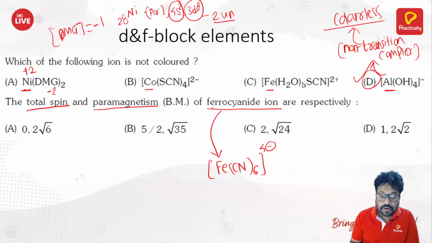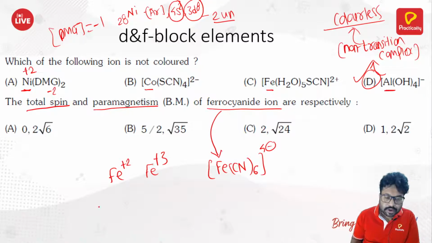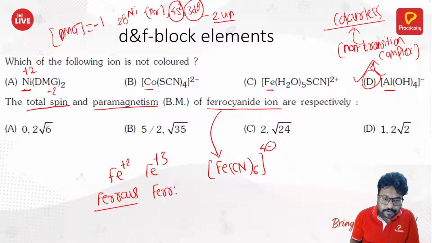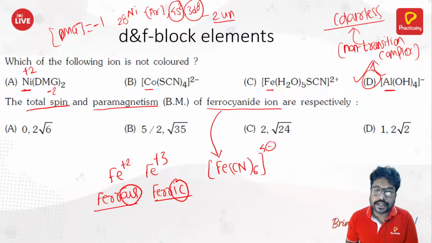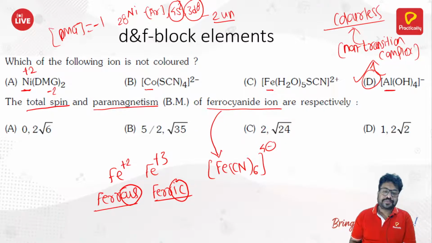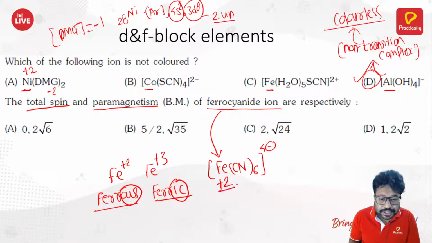Iron is present in two oxidation states, +2 and +3. +2 is called ferrous, +3 is called ferric. IC is attached to the higher oxidation state, remember always, and OUS is attached to the lower oxidation state. So in ferrocyanide, I know that iron is present in the +2 oxidation state here.